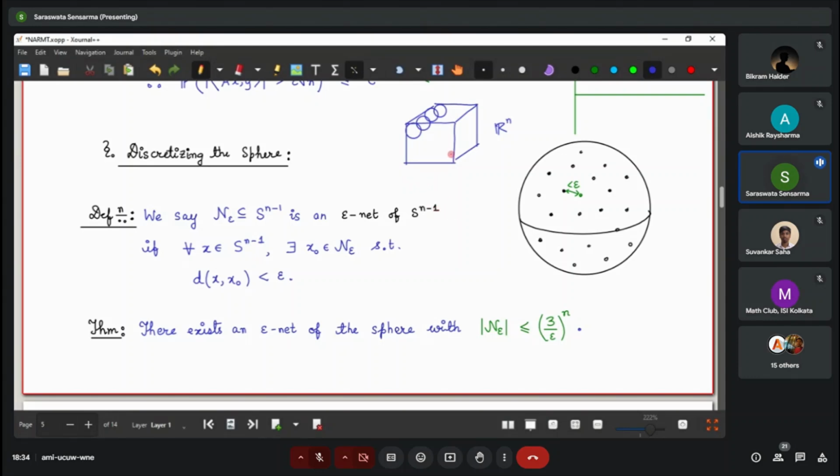And what about the cardinality? The number of epsilon balls should be 1 over epsilon to the power n, something like that. As it turns out, you can find an epsilon net which has a cardinality less than 3 over epsilon to the power n, and that order and the dimension both make sense, because something like c over epsilon to the power n is the number of total balls in a cube. So the number of balls intersecting the sphere should also be something like that.